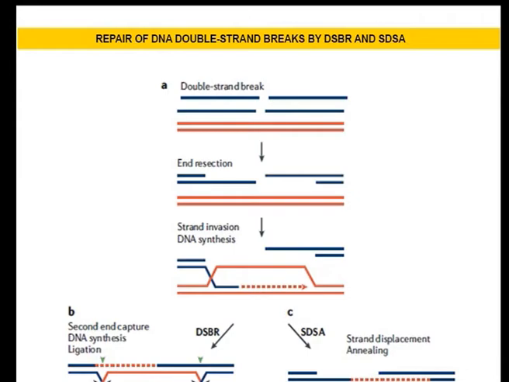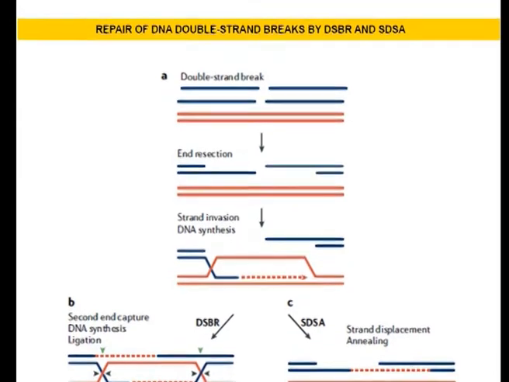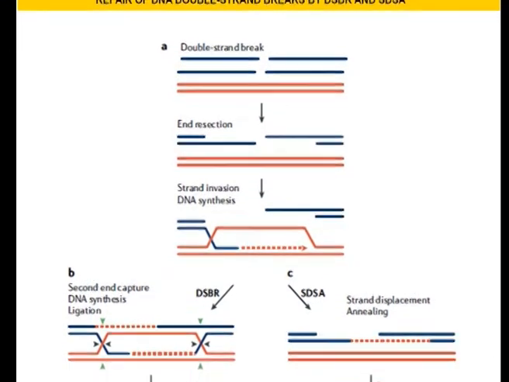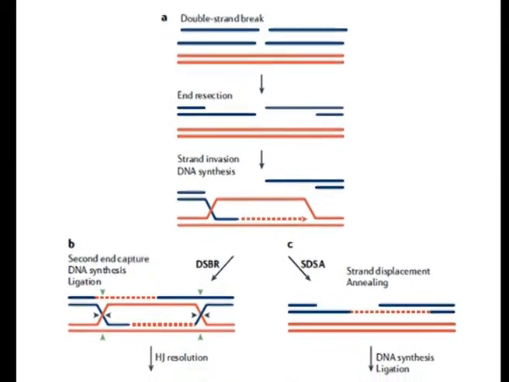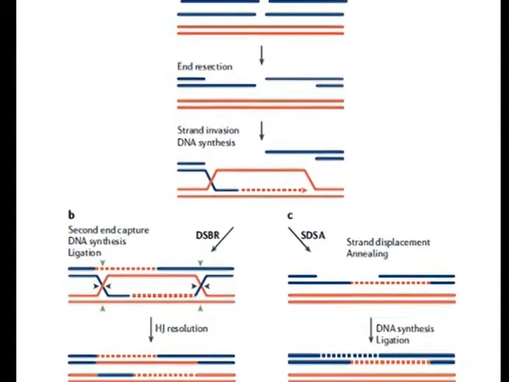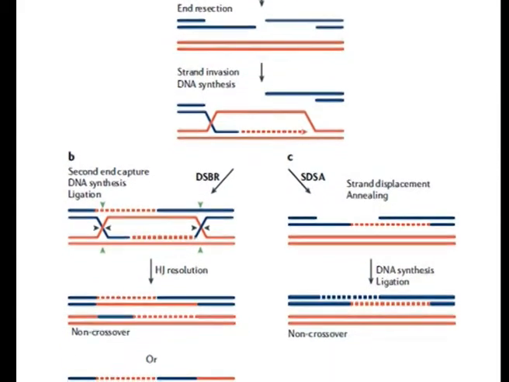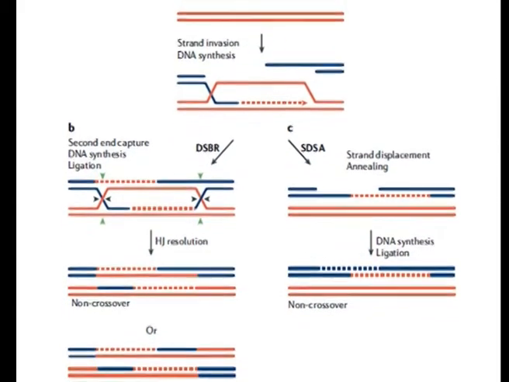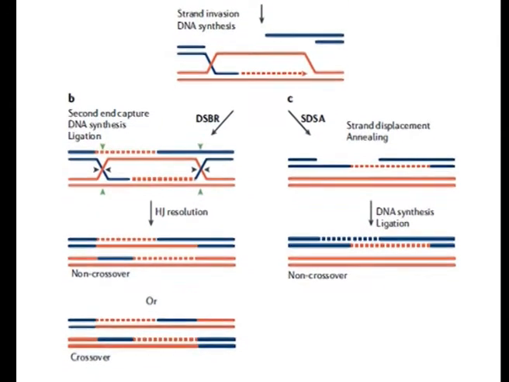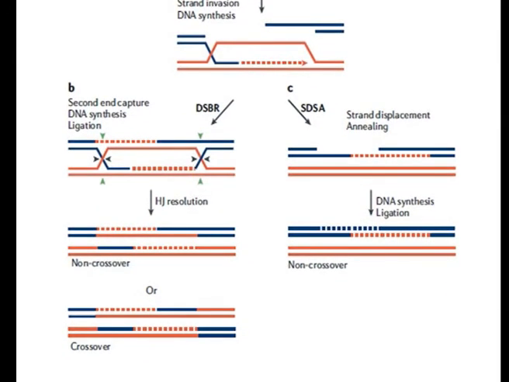Complementary base pairing anneals the newly synthesized 3' end of the invading strand to the other 3' end overhang in the damaged chromosome. Remaining flaps of DNA are removed. The SDSA pathway finishes with the ligation of single-stranded gaps. In the DSBR pathway, the repair process starts by the degradation of the 5' ends of the double-stranded break, or DNA resection.